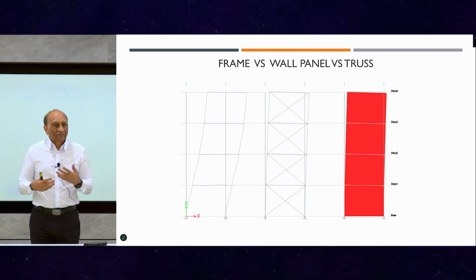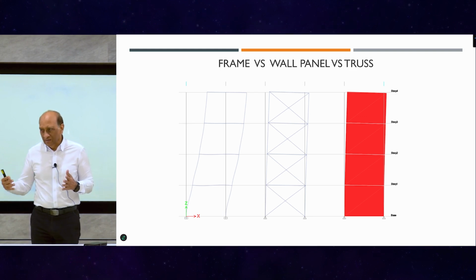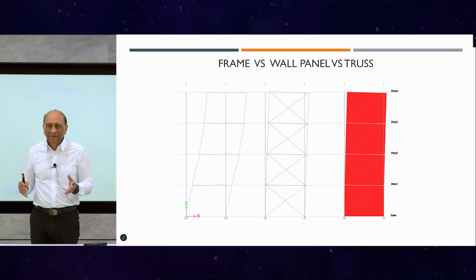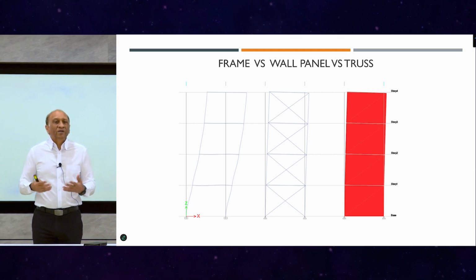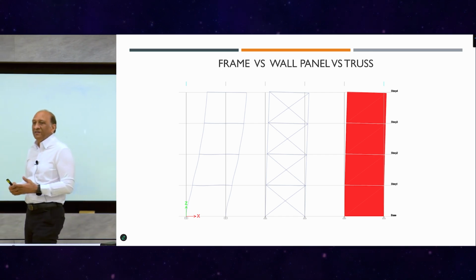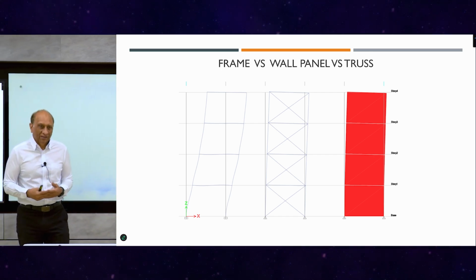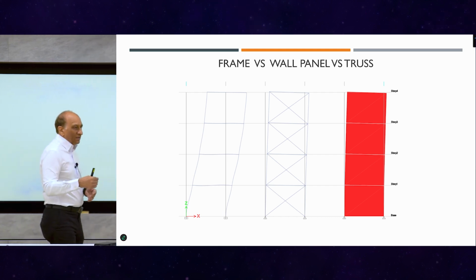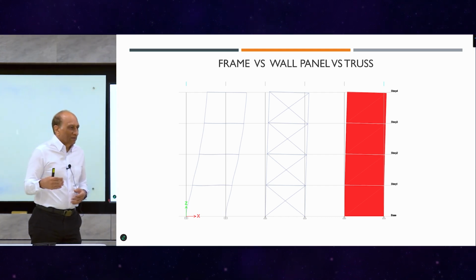So that's why when we call belts or outriggers, it also means outrigger trusses or belt walls or belt trusses. So please do not get confused that they are two different things. It's just a way to put them there. Both of them have very similar behavior and very, very similar capacity. So you can either choose to use a truss or you can choose a deep beam.